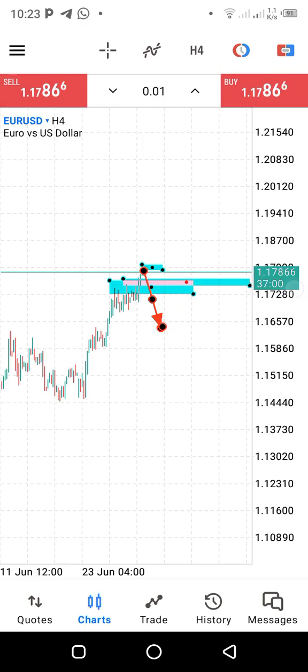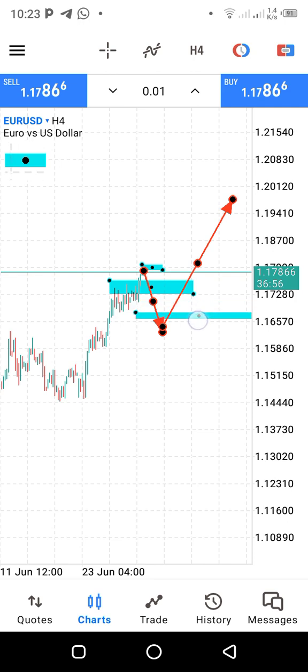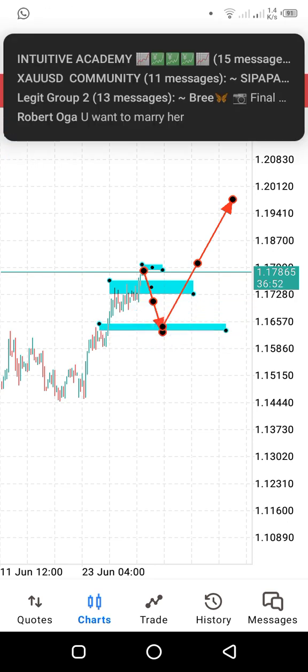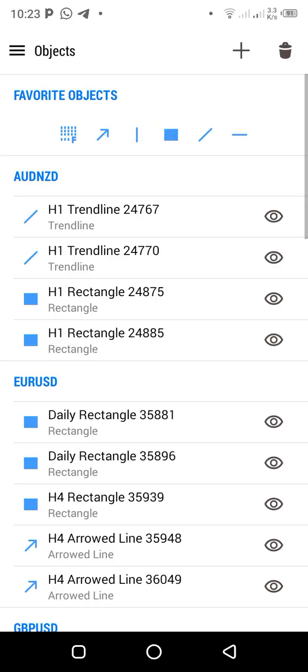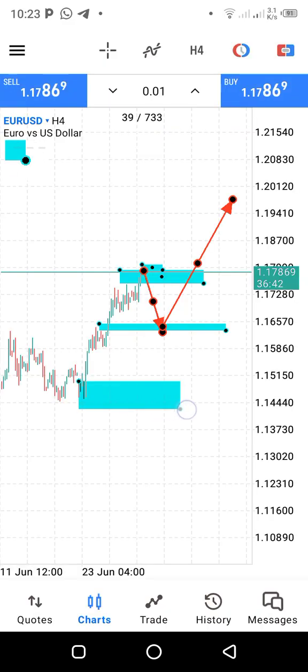So if price is able to break that level and continue higher, then we can have our entries marked out. Okay, so there is that option whereby price could just drop down there, then continue higher, or we have another demand zone around here.